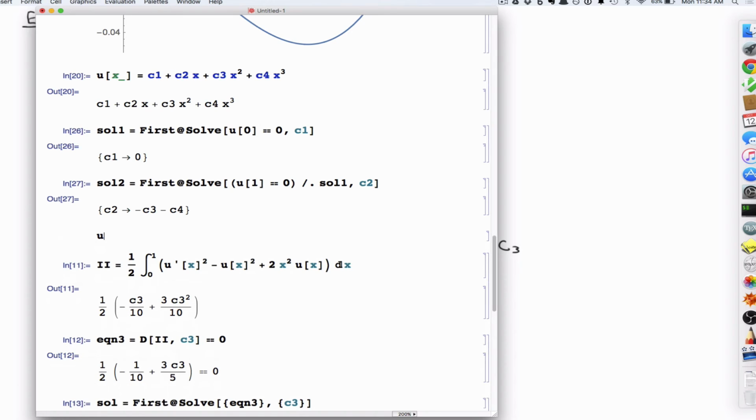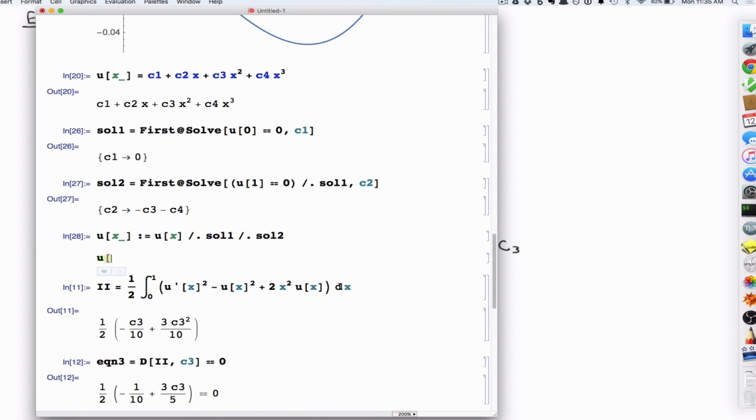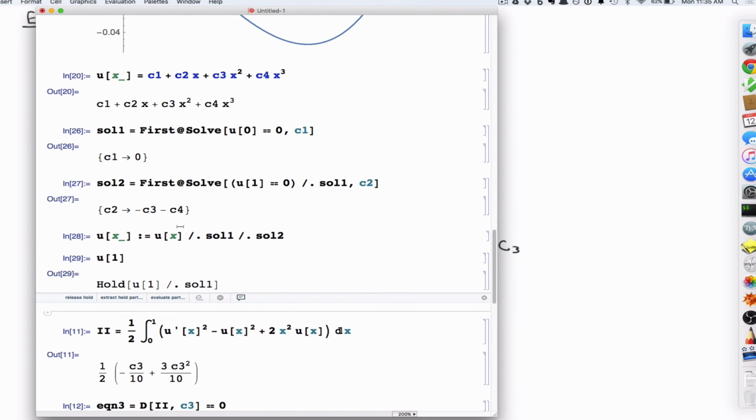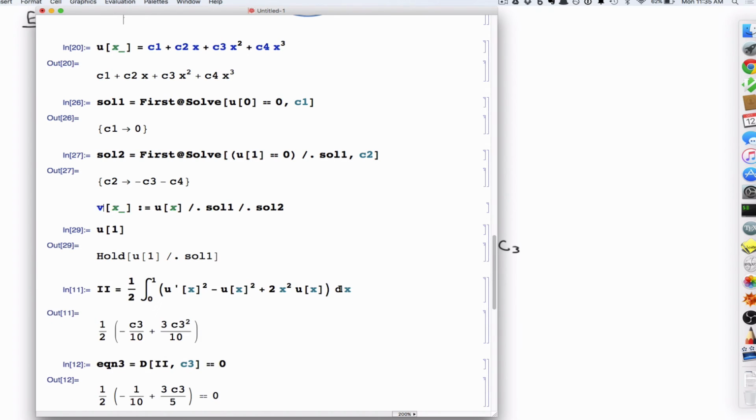Then I'm going to say u of x is equal to u at x with the first solution and the second solution substituted.